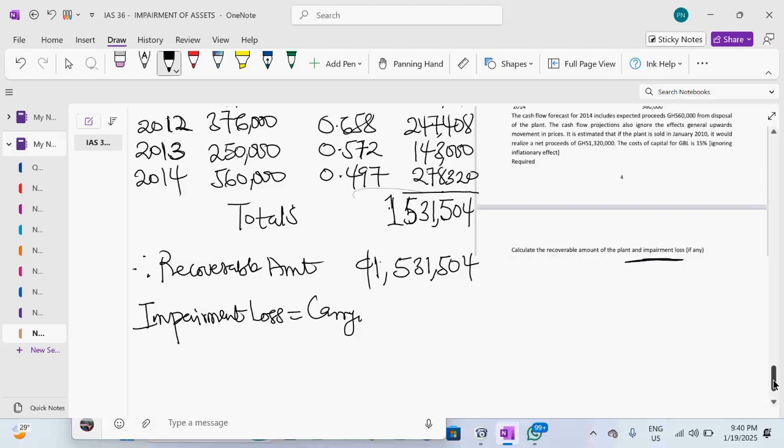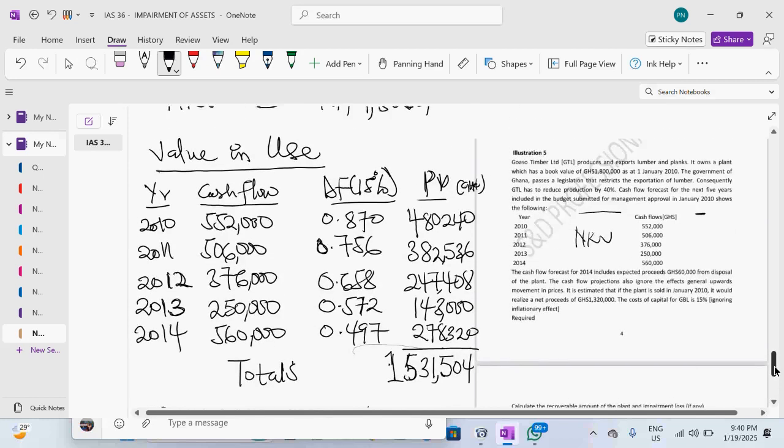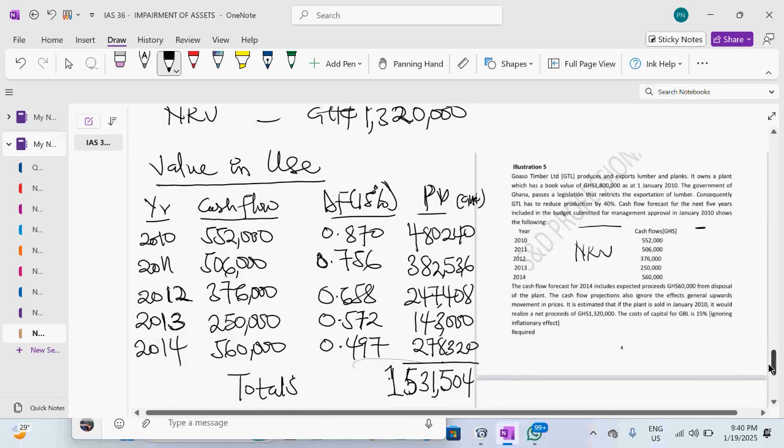Impairment loss is the carrying amount less the recoverable amount. So what is the carrying amount? Kwasu Timber Limited produces and exports timber, lumber, and planks.